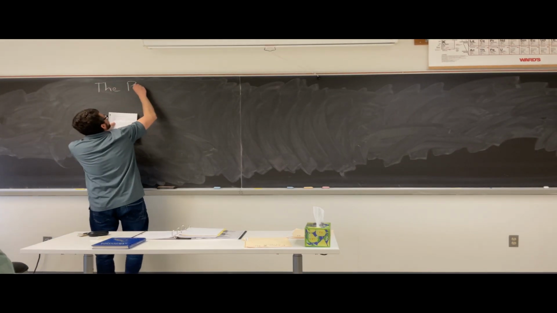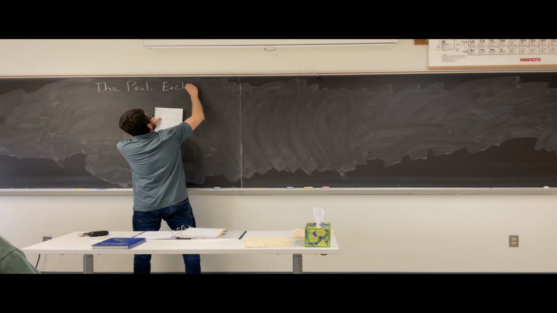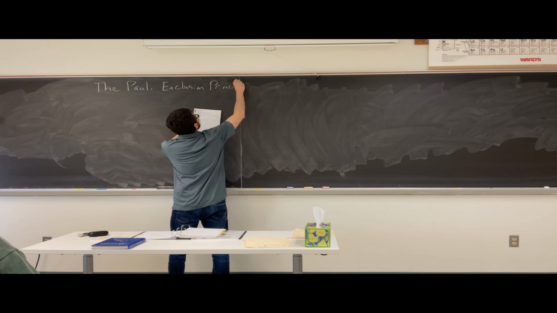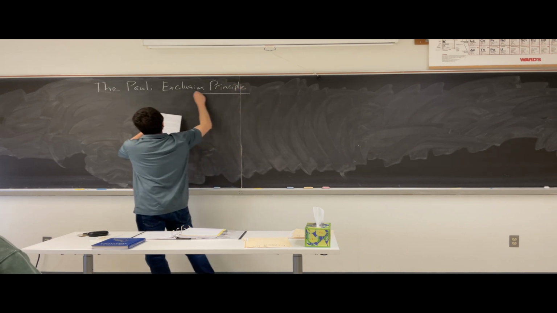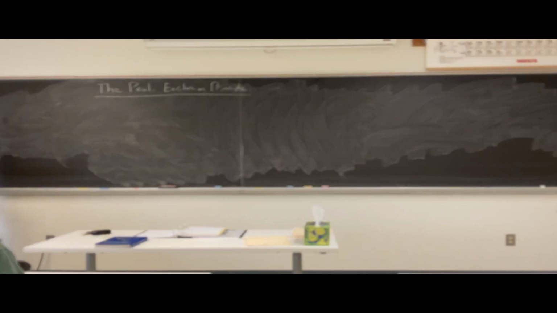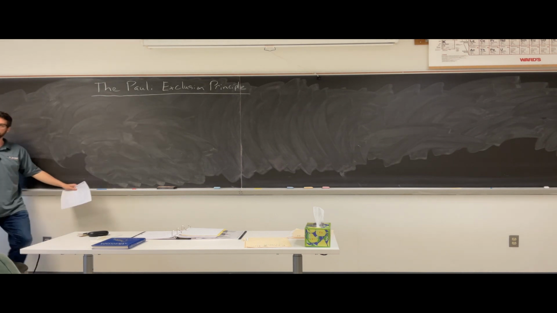The Pauli exclusion principle. Okay. You guys probably know a definition or a way to explain the Pauli exclusion principle. Does anybody have a way that they formulated it in the past?